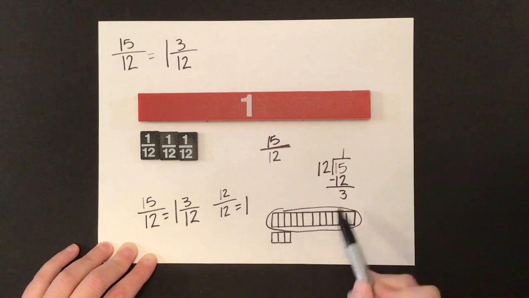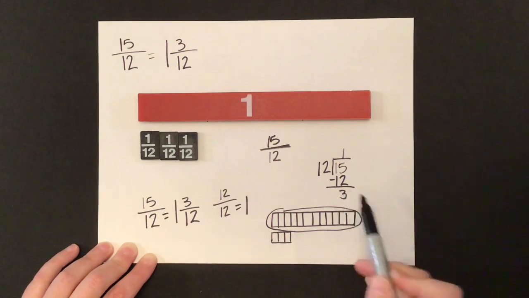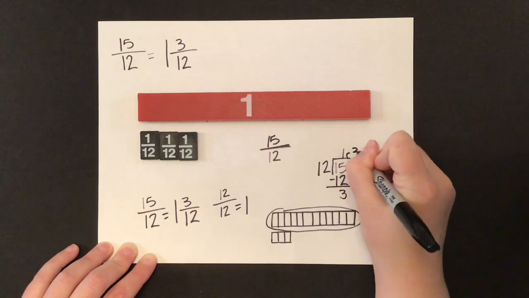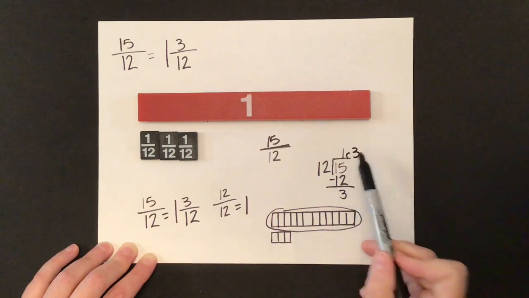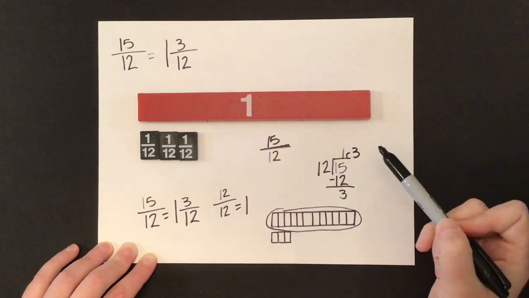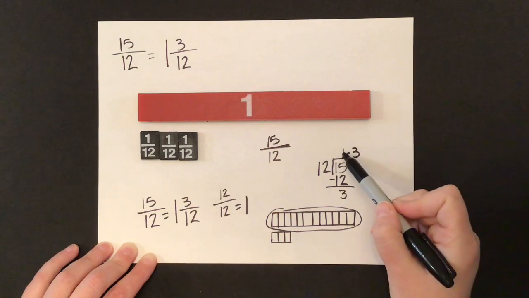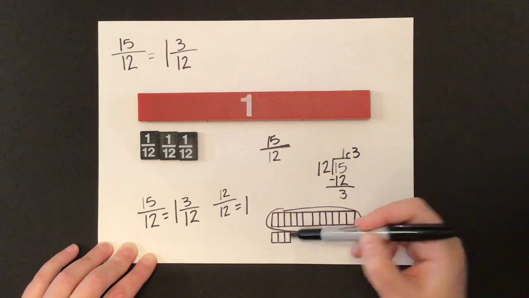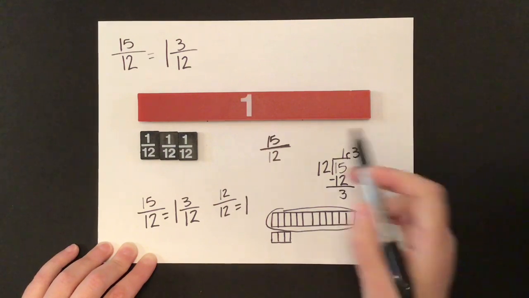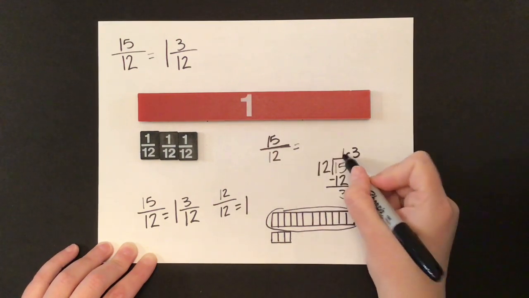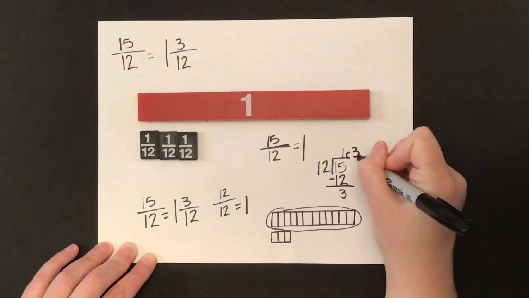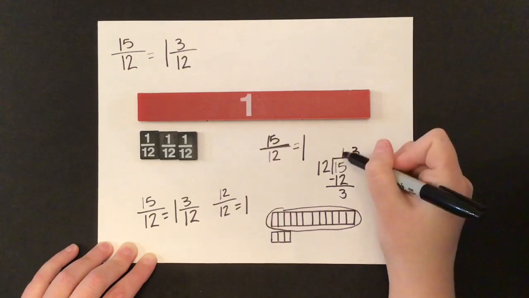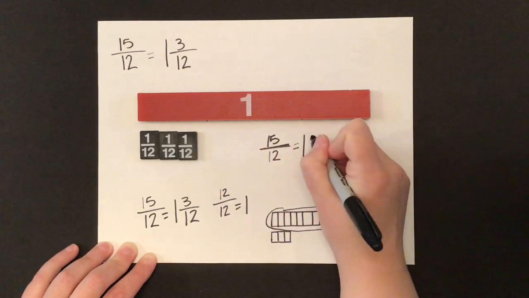I have 3 pieces left over, and that's what this 3 is showing, that's a remainder. So 1 remainder 3 is telling me that I had enough pieces to make 1 whole, and then I had 3 pieces left over. So I can look at this and figure out that that's the whole, and then this is the number of pieces left over. So 1 whole and 3/12.